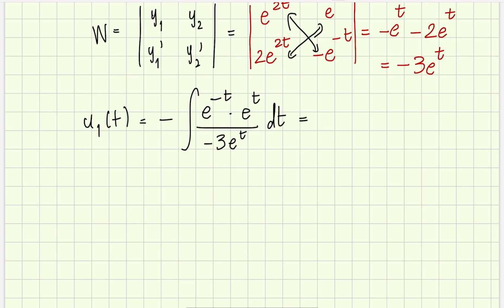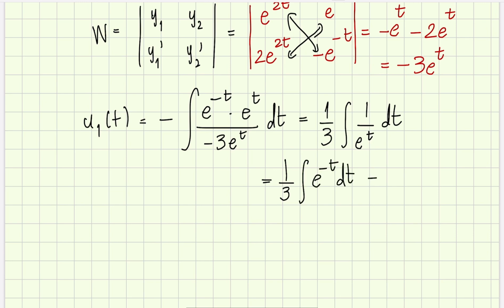If you simplify this a bit, you will get 1 over 3 integral 1 over e to the power t dt, which is the same as 1 over 3 integral e to the power negative t dt. And this will give you negative 1 over 3 e to the power negative t plus c1. I'm calling it c1 because we're solving for u1. So we have our u1.